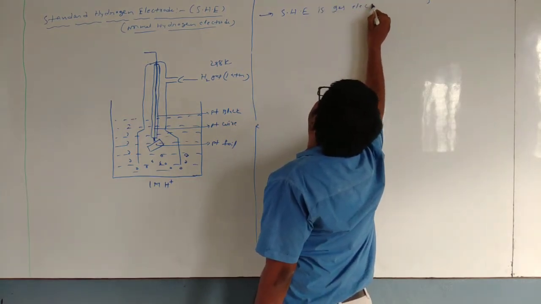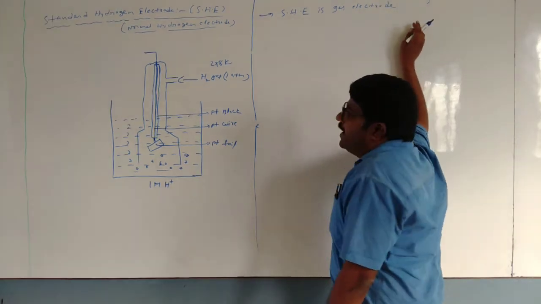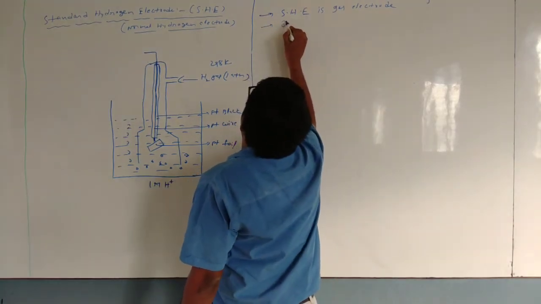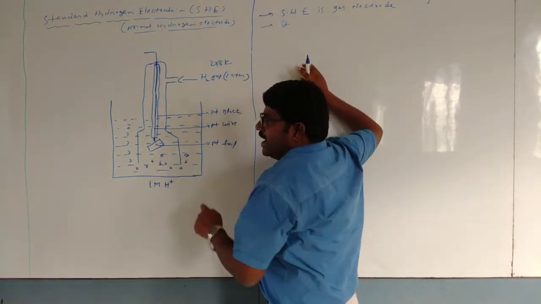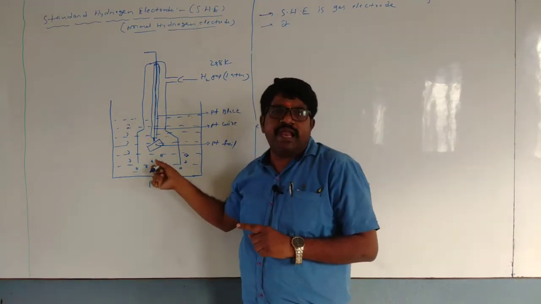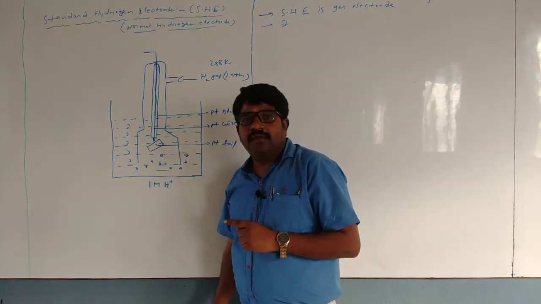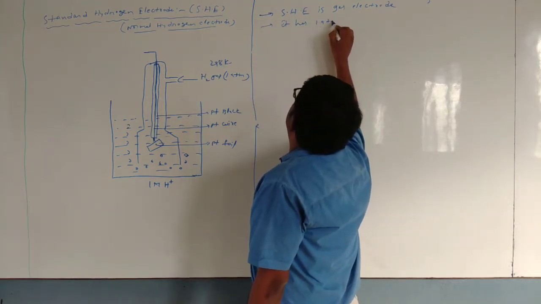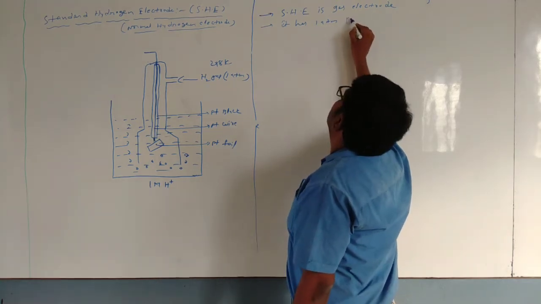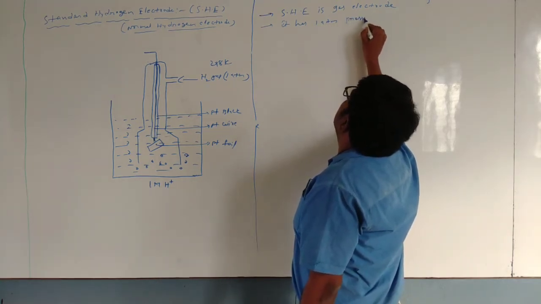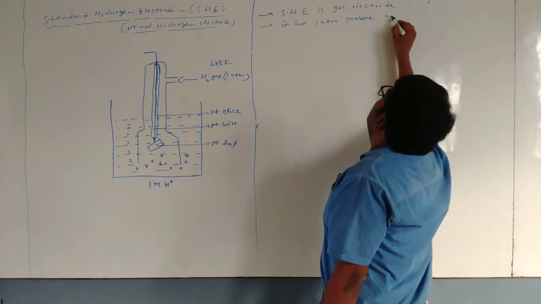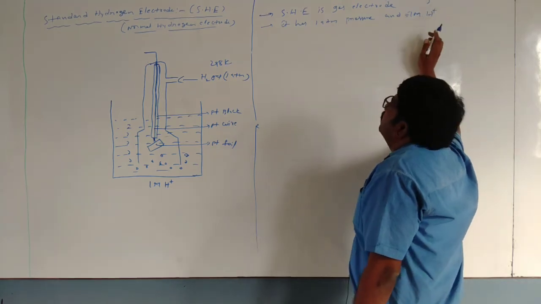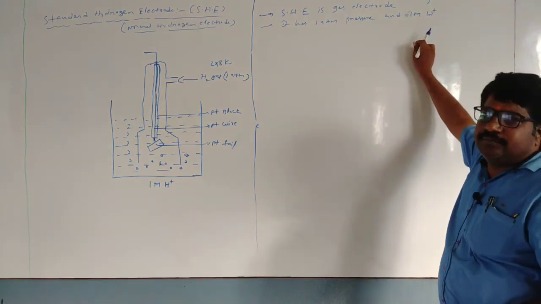And here the standard hydrogen electrode acts as anode as well as cathode, and it has 1 atm pressure and 1 molar concentration of acid.